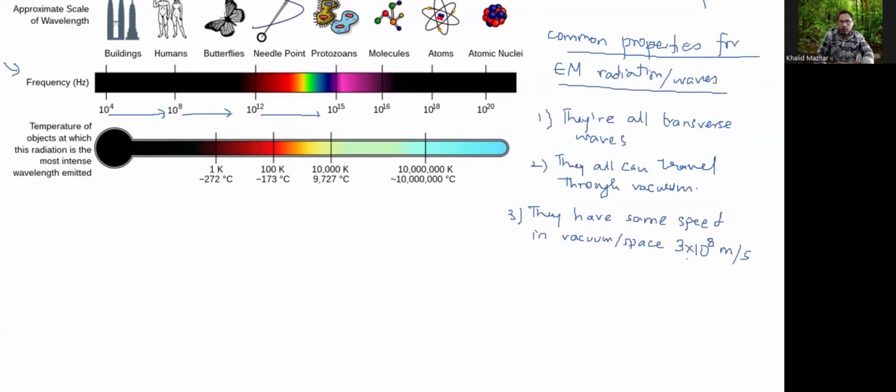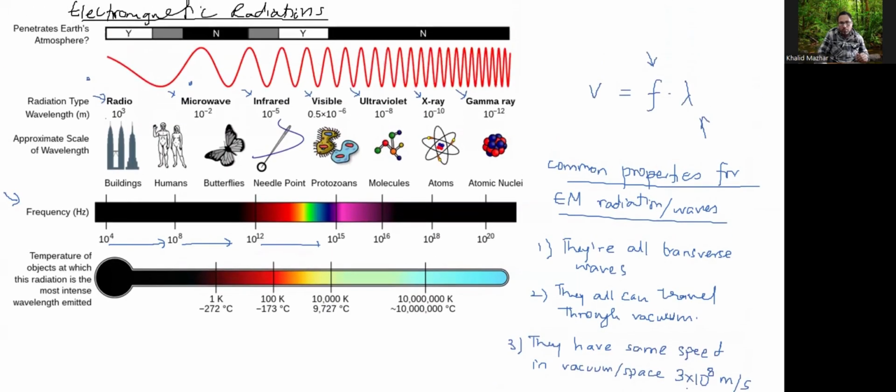They all carry energy. They are waves after all. So if you remember the main definition of wave, they carry energy. That's what they do. And which one of these bands of electromagnetic radiations, like gamma, X-ray, ultraviolet, carry the most energy?